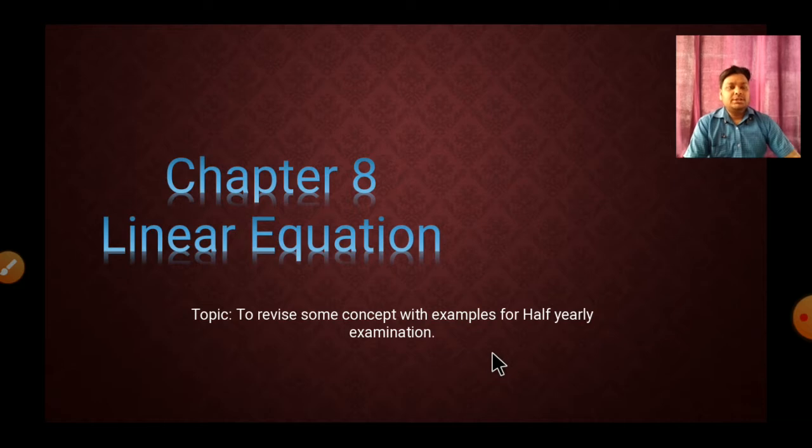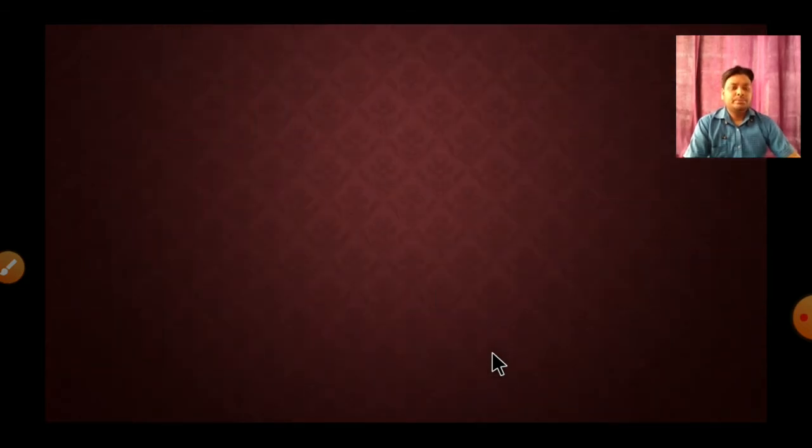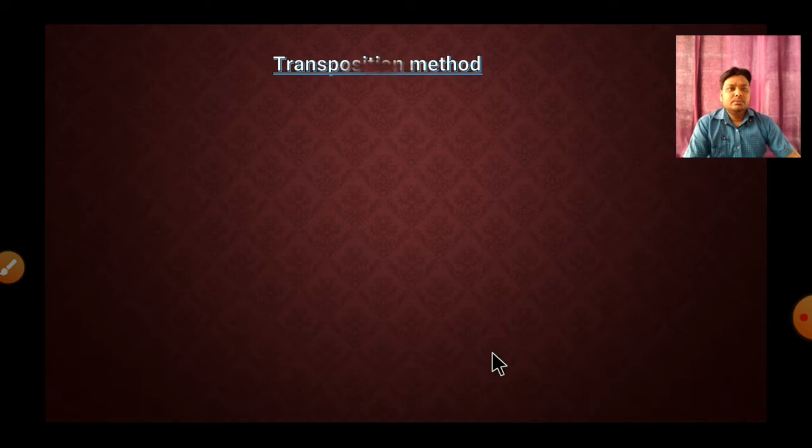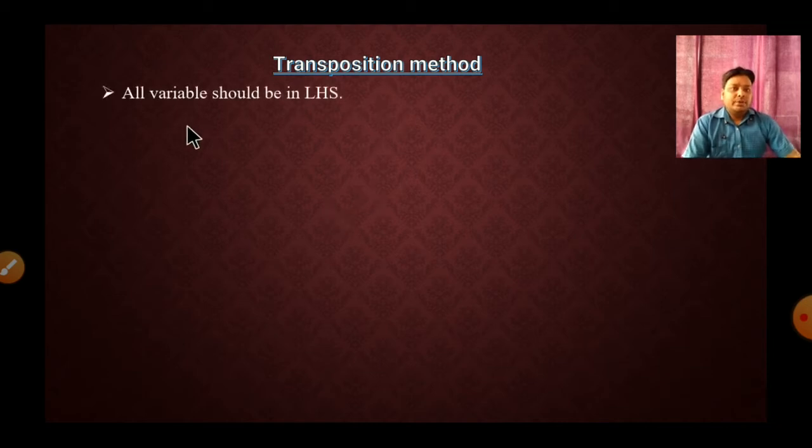So let's start. At first we will discuss the concept and then we will discuss the examples. Now, what is the transposition method? If you are solving any linear equation by the transposition method, the first step is that all variables should be in LHS.